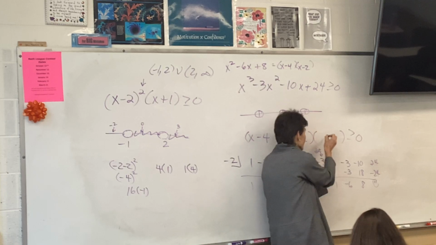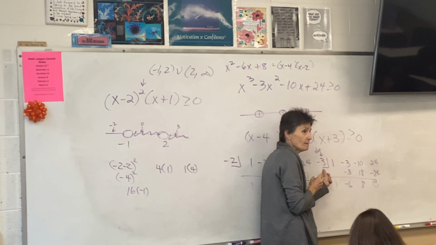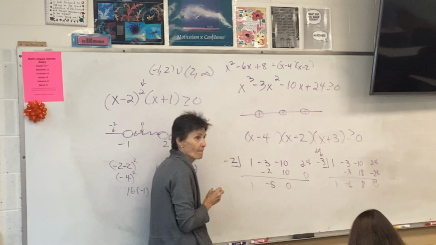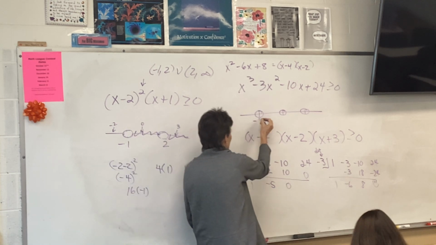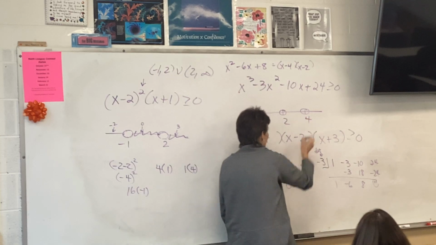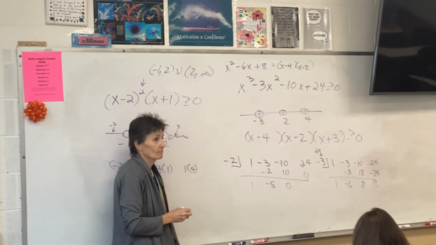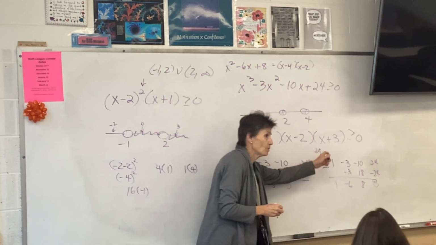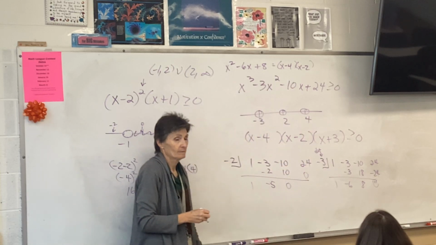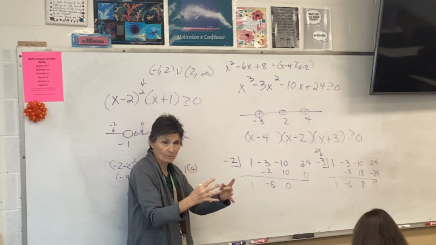So the factor would have to be x plus 3. So the dots are negative 3, 2, and 4. Do not forget about the one you guessed. That's part of the answer.